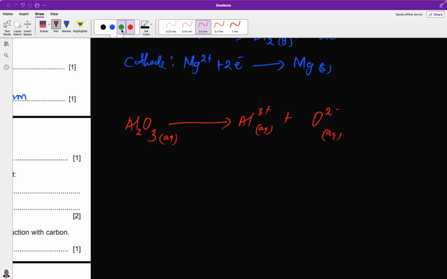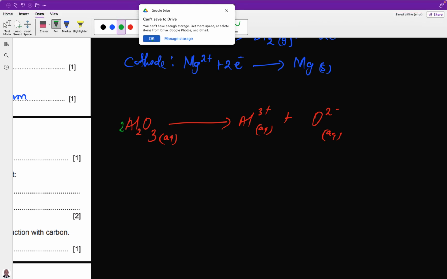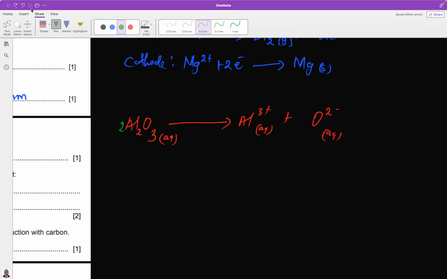If we were to balance it, we will have a 2 here, a 4 here, and a 6 here.